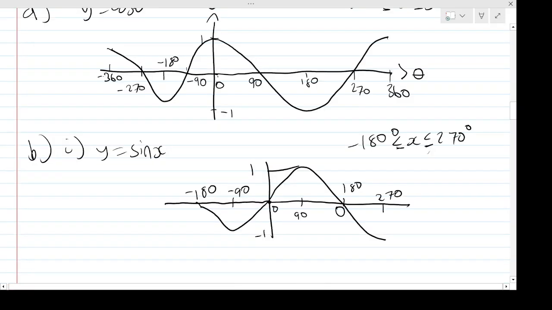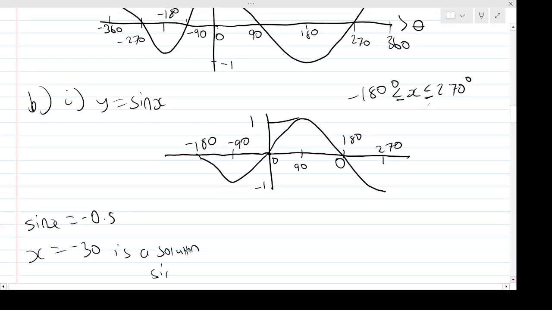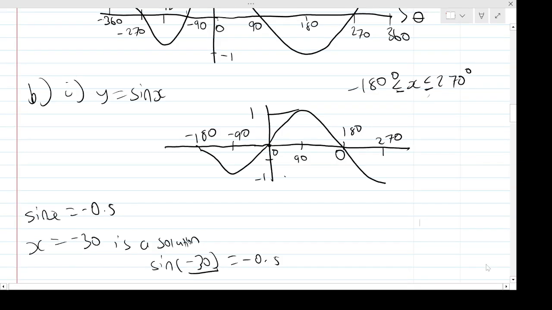If I jot this down somewhere, we are told that x = -30 is a solution, because we were told that sine of -30 equals -0.5. So therefore, -30 for x is a solution to that equation. And so -30 degrees, if we mark it on the graph, would be somewhere there.